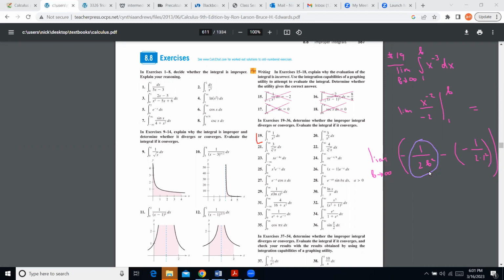Right? b squared approaches infinity, and 1/infinity is going to 0. So we end up with positive, 2 minuses plus, and 1/2 is our result, and they like to say it converges.